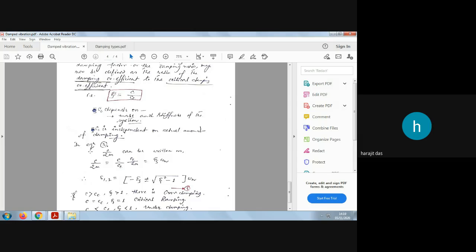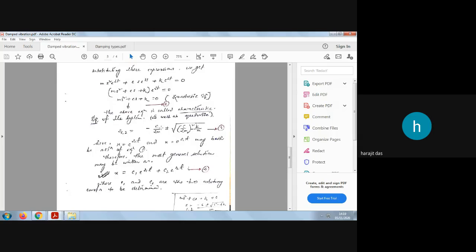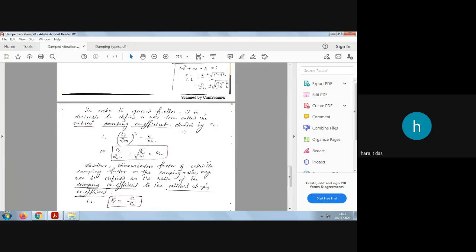In this equation, now see the expression c by 2m. The c by 2m term is there, which is why we are defining cc. So c by 2m can be written as c by cc into cc by 2m. This is also correct, because we write cc extra and so introduce cc in the numerator. c by 2m is already there, so we have introduced cc and cc.